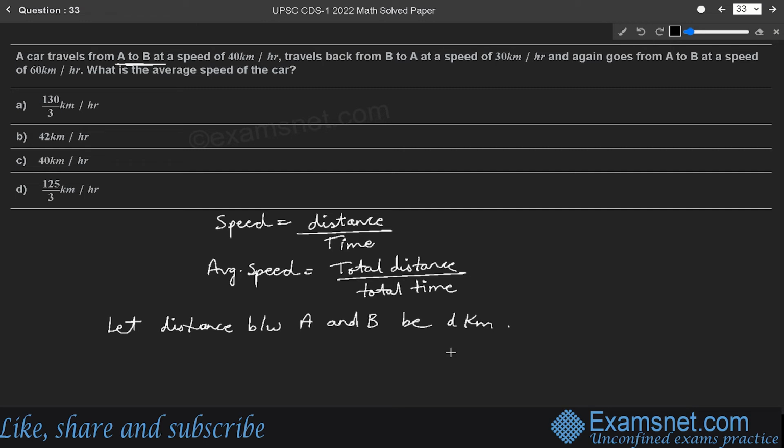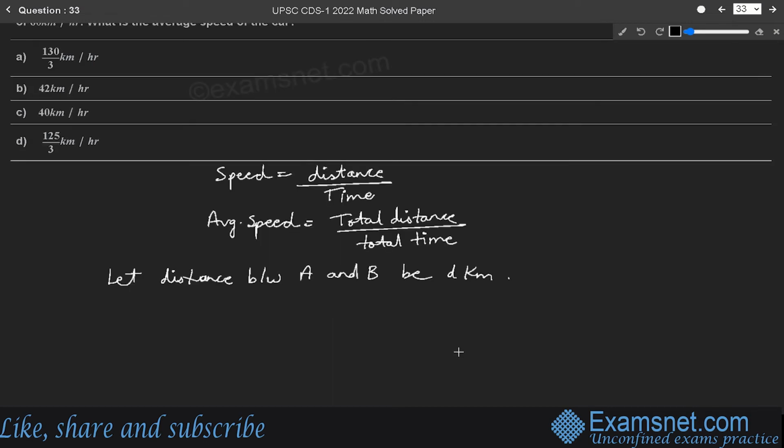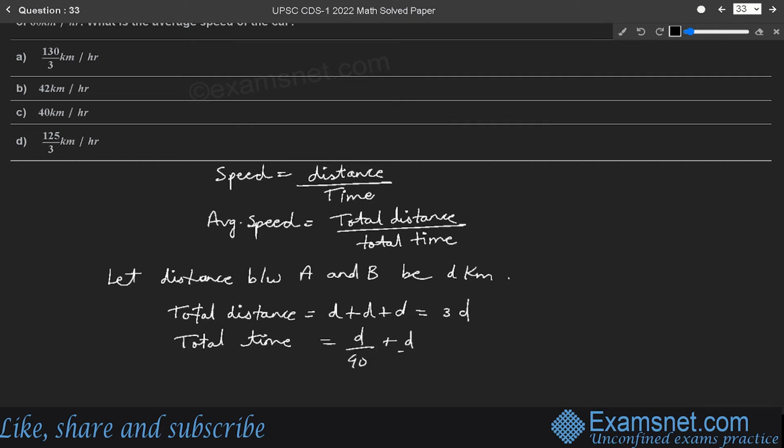According to the question, the total distance is d plus d plus d, which will be 3d, and the total time will be equal to d upon 40 plus d upon 30 plus d upon 60.